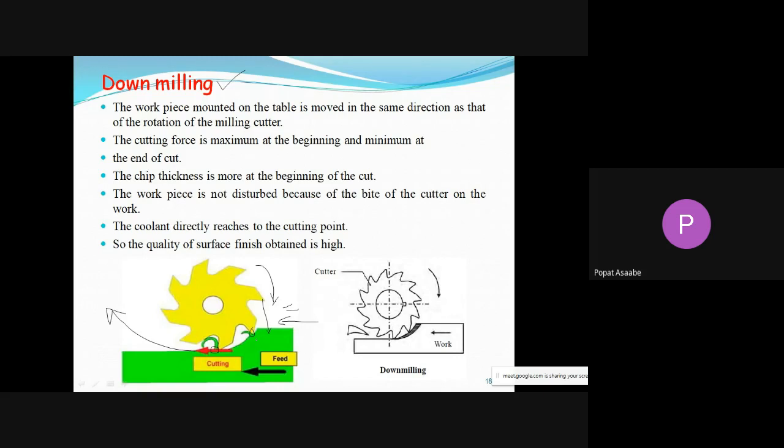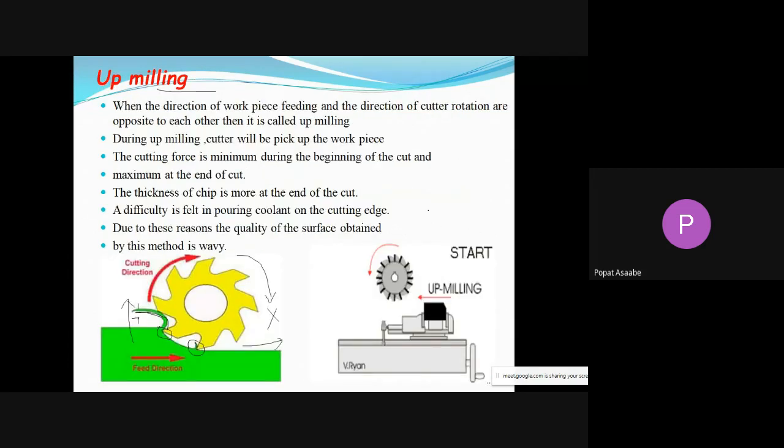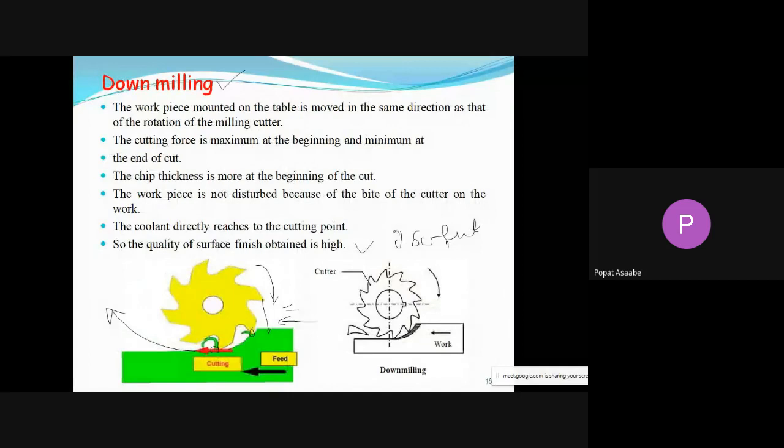Down milling produces a good surface finish, and we can use it generally for soft material, and up milling generally you can use for hard material. This is the simple difference between up milling and down milling.